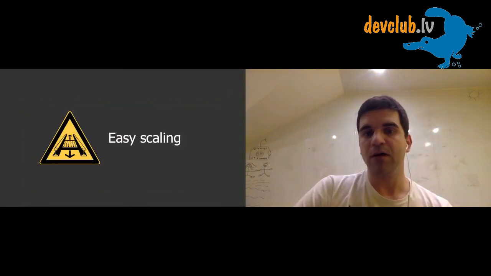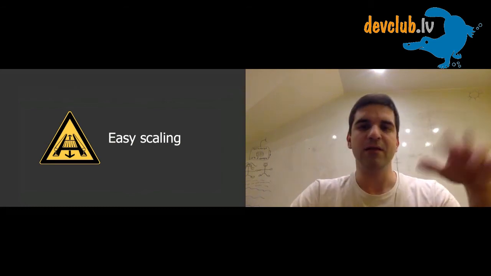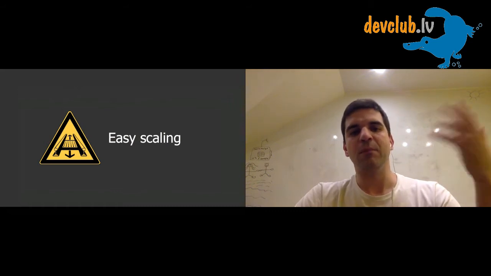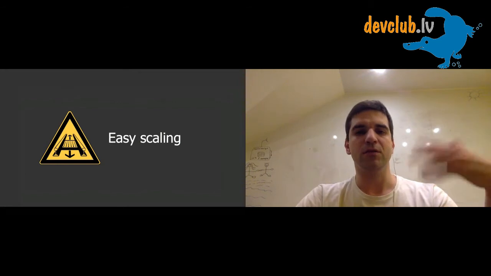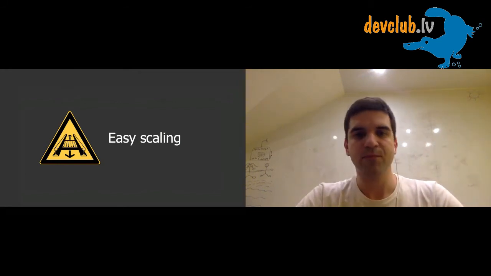Now let's talk about the ease of scaling. As I said, scaling here means the ability to easily add more computing resources when you need to run more tests in parallel.